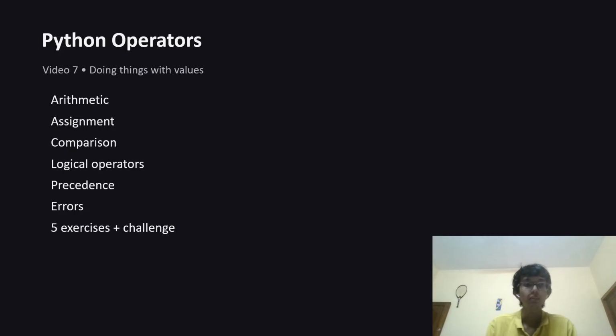So, video 7, doing things with values. What are we going to learn in this video? The first one is arithmetic operators. Arithmetic operators are operators normally used for arithmetic operations, that is plus, minus, division, mathematical operations like that.